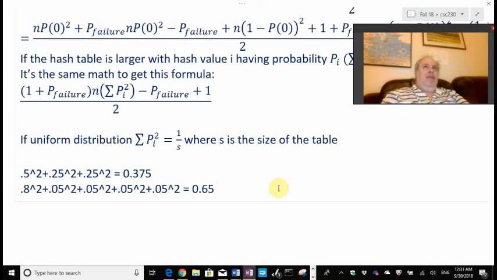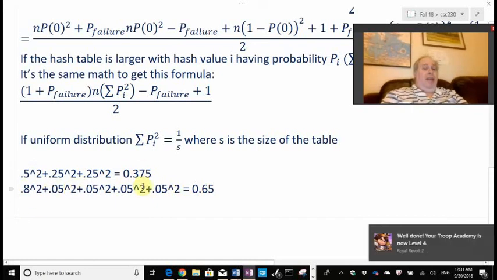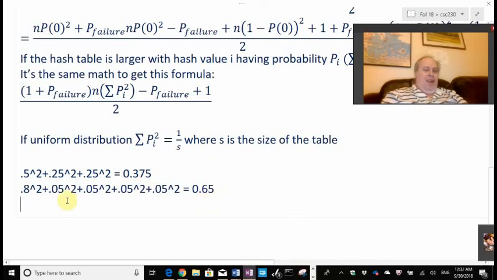Typically, the kinds of non-uniformities you get come from the fact that your data is not uniformly distributed. So if you're hashing words, not all combinations of letters are equally probable, but it will be much more like the first case than like this case.